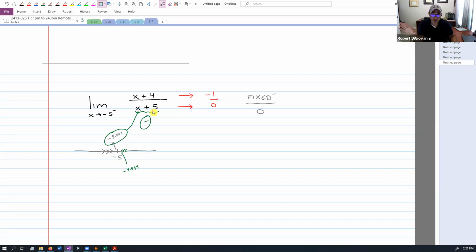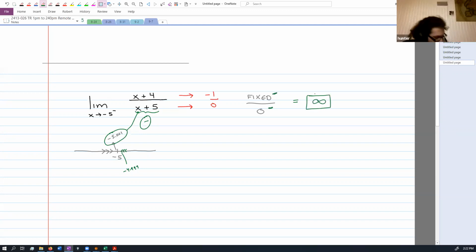We already know it's going to 0, but it's going to be a negative number, which means the bottom is also negative, right? We knew the top was fixed. It was -1. We knew it was negative. So now we know we have a negative over negative. And so the answer? Positive. Yeah, positive. Right? There we go. That's it. That's how it works.